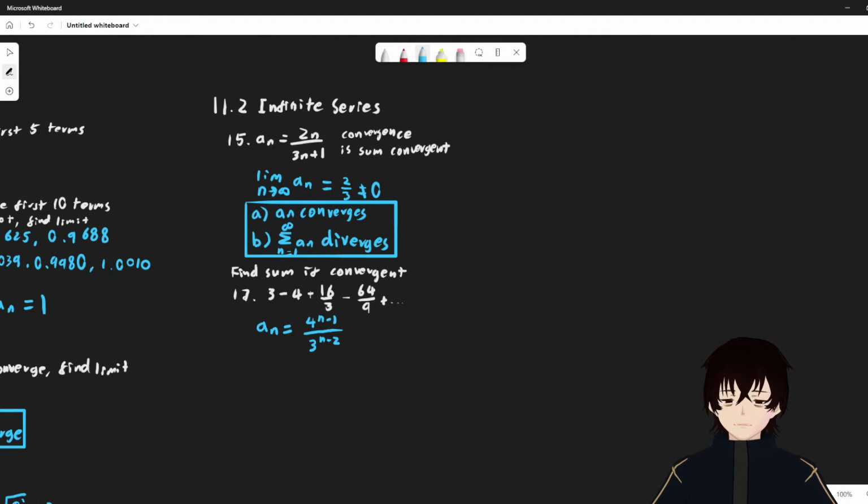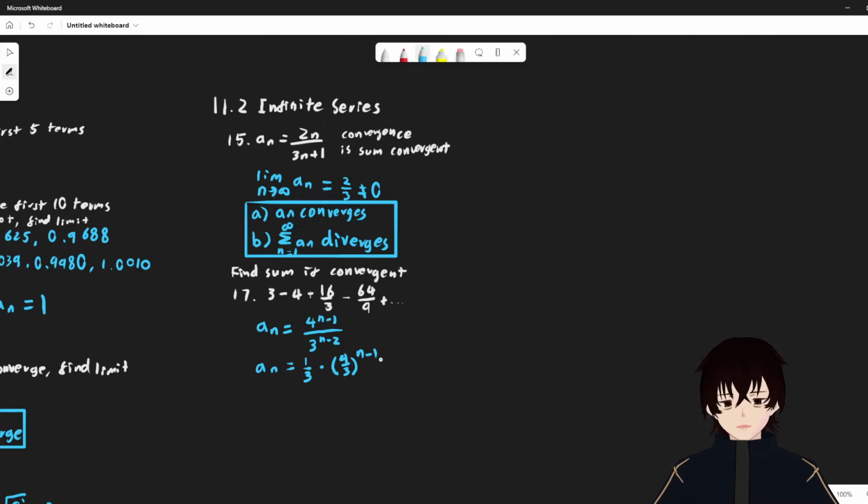And how about this? A sub n is equal to 1/3 times 4/3 to the power of n minus 1.